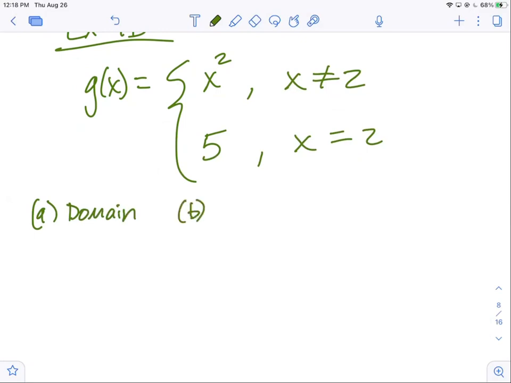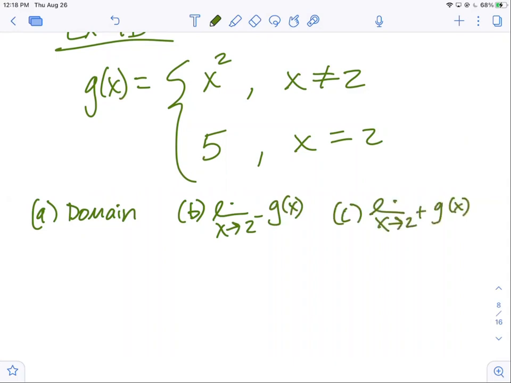The domain, what's the limit as x goes to 2 from the left? The limit as x goes to 2 from the right. The general limit. The function value.